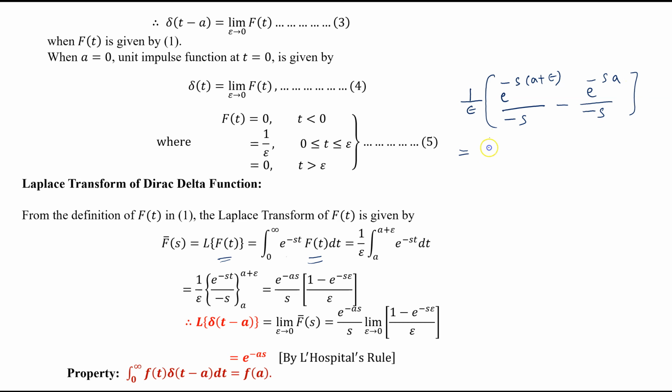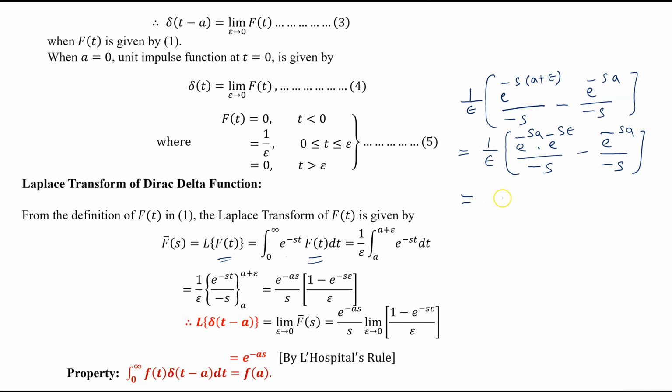That is 1 by epsilon into e power minus sa into e power minus s epsilon upon minus s, minus e power minus sa upon minus s. Here I have opened the bracket and written e power minus sa into e power minus s epsilon.